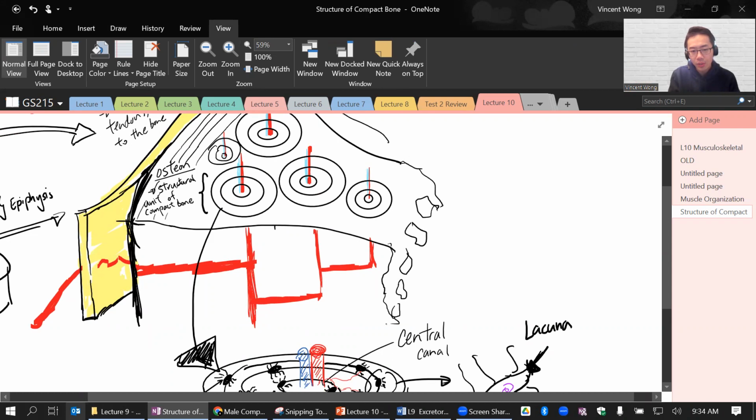Okay, so the closer you are to the center, the matrix is going to be incomplete, right? You're going to absorb the calcium and leave behind all these tiny holes, and then the center will be completely empty. That is where you will find the bone marrow.